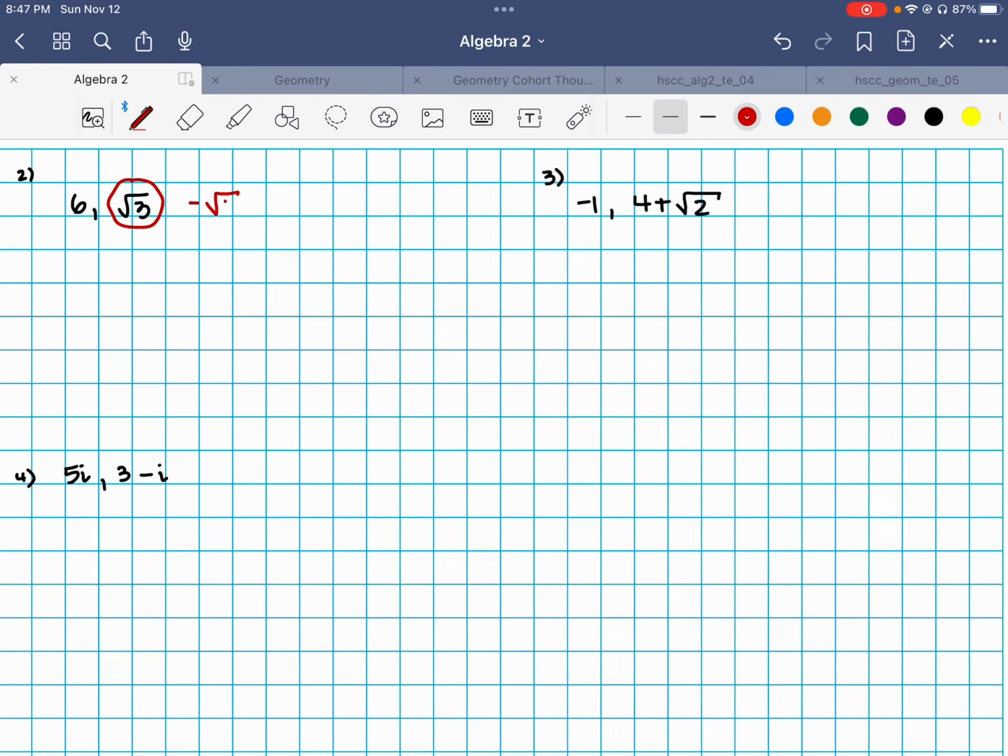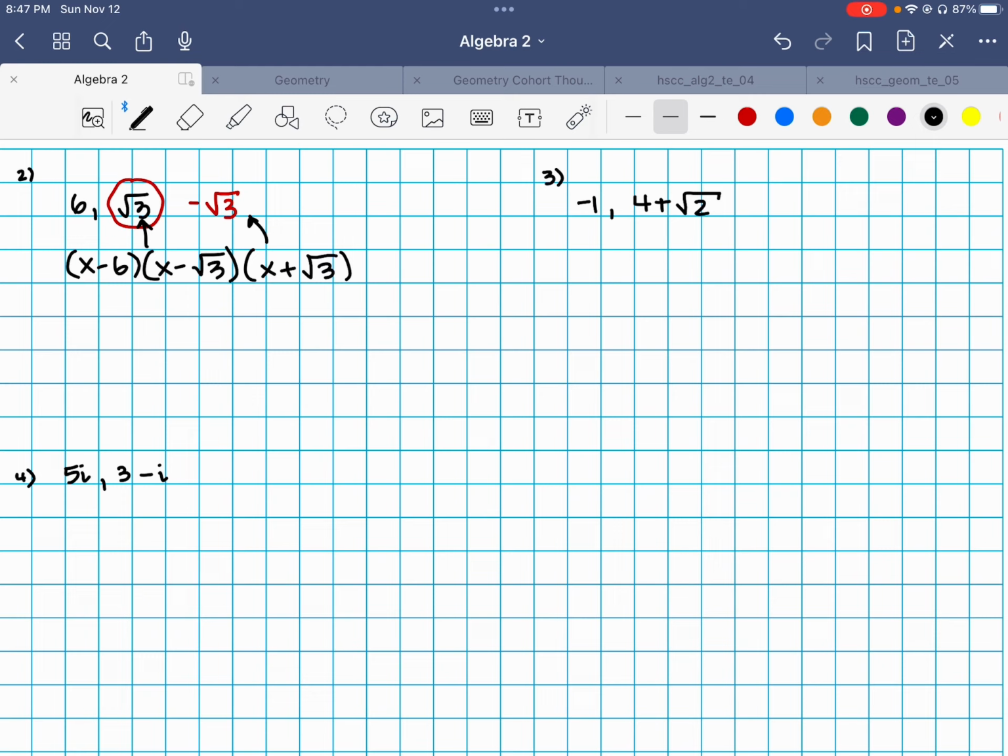So we're going to have the square root of negative 3. And now we're going to write down the factors. So we go x minus 6, and then x minus the square root of 3, so that we're clear, that's that one. And then we're going to have x plus the square root of 3. If you haven't noticed it yet, all we're doing is writing the opposite with the x.